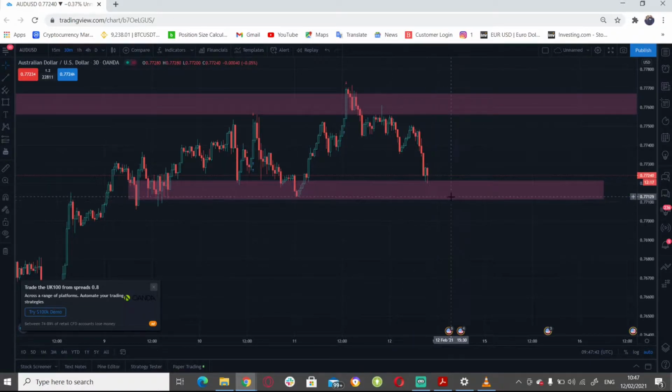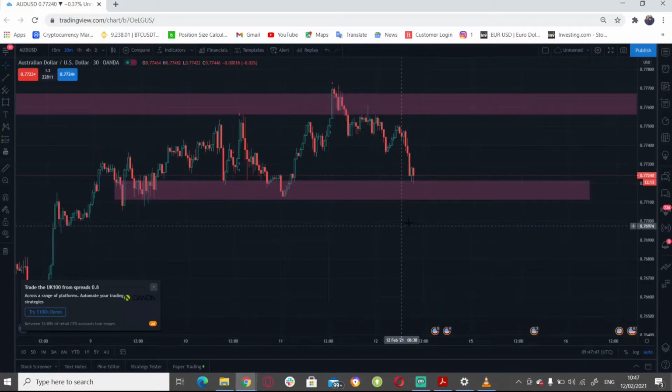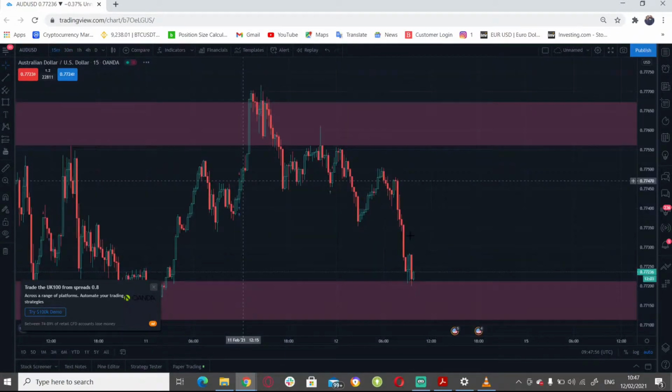So the 30-minute is a really good time frame for you to identify your market behavior and wait for a pattern to form. Then we'll go on to the 15-minute time frame to look for our entry opportunity.